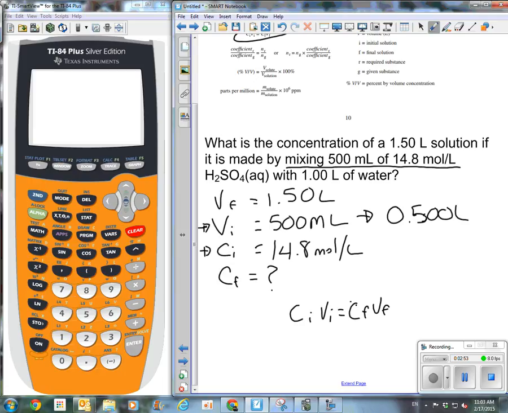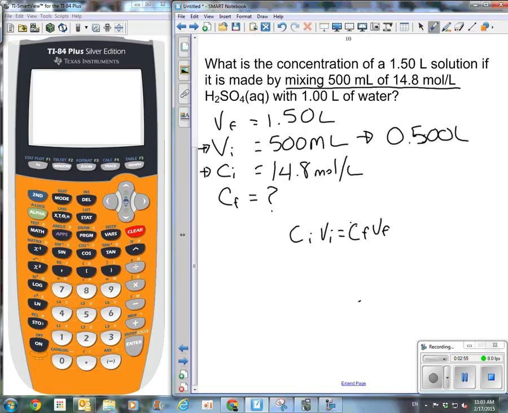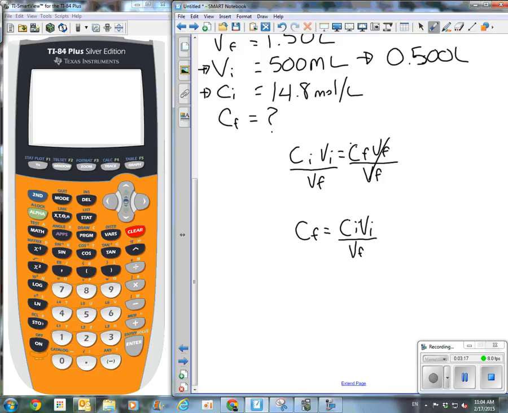Okay, so I just need to rearrange this so I have my final concentration by itself. I'm going to divide both sides by the final volume. There we go. So the final concentration is equal to the initial concentration times the initial volume, all over the final volume. Now I just need to work that out and do my substitution.